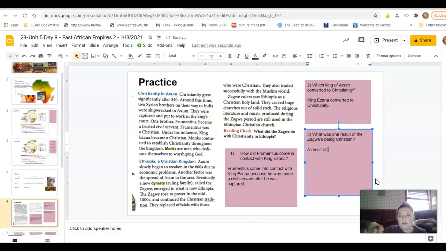A result of the Zagwe dynasty being Christian was that Christianity spread and Ethiopia became a center for Christianity. Cool.